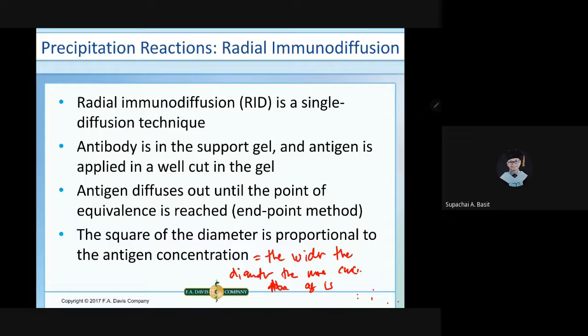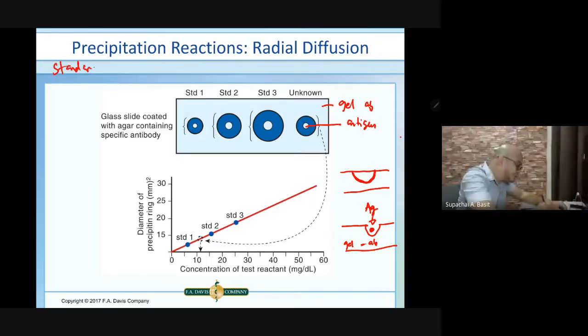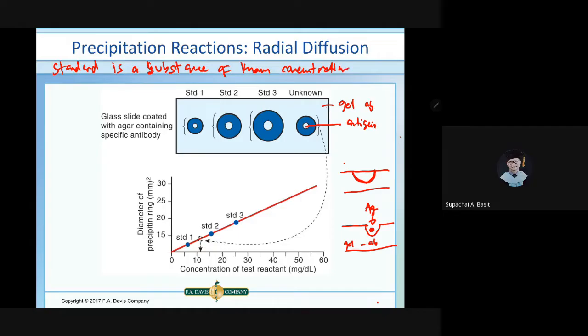So that is the principle in radial immunodiffusion. In order to measure the concentration of the reactant, we compare it to a set of standards. A standard is a substance of known concentrations.